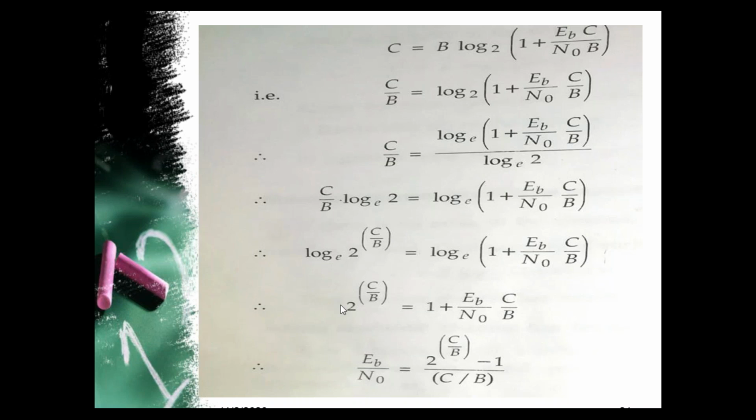Therefore, we can write, avoiding the logarithm, 2 raised to C by B is equal to 1 plus Eb by N0 C by B. From this, we can write Eb by N0: this 1 goes towards the LHS, giving 2 raised to C by B minus 1 equal to Eb by N0 into C by B. From that, Eb by N0 is equal to 2 raised to C by B minus 1, divided by C by B.